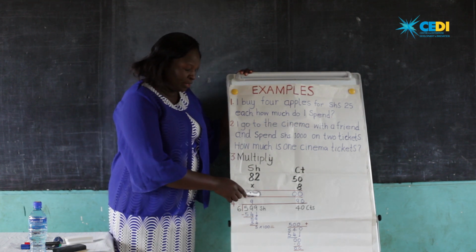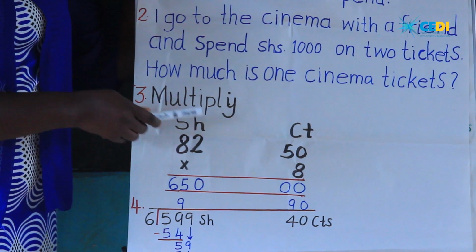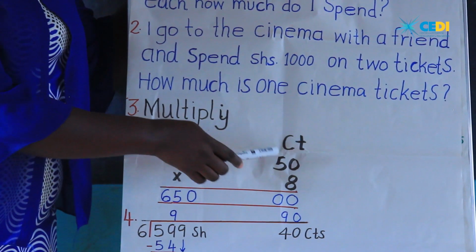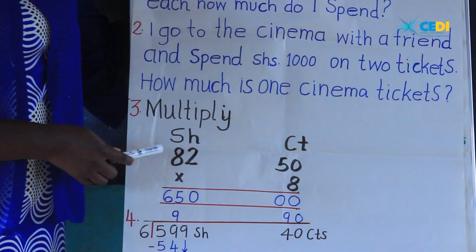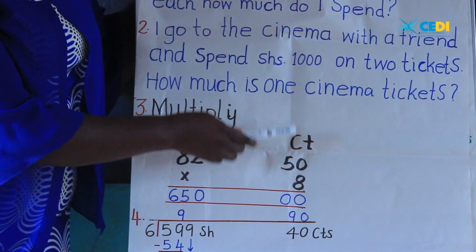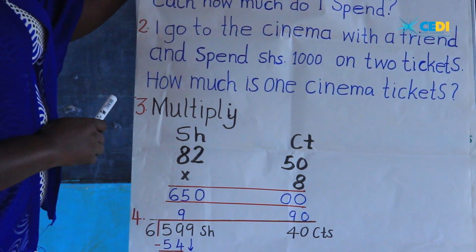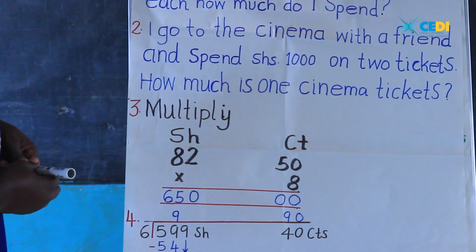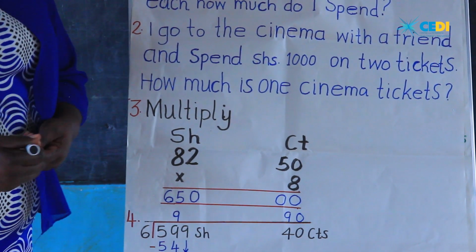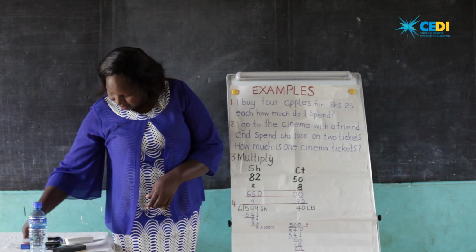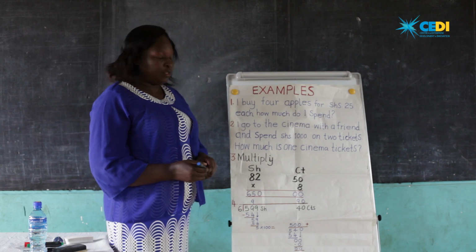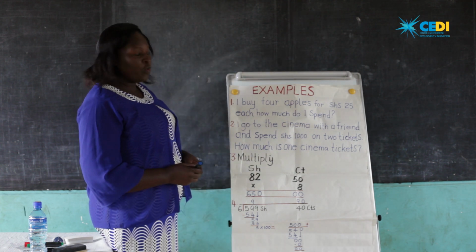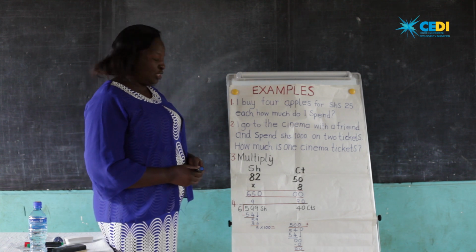So we write 0 and we carry 2. Then we multiply 8 times 8. 8 times 8 will give us 64. But remember, we had carried 2.